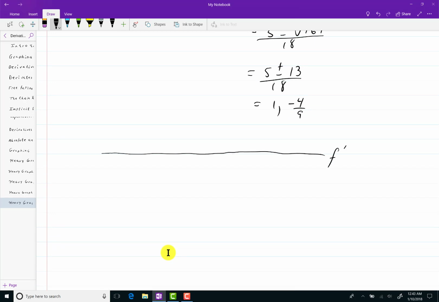So my critical numbers for f prime are 0, 1, negative 4 ninths.